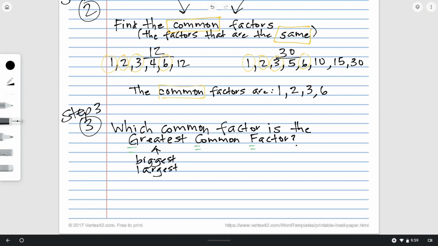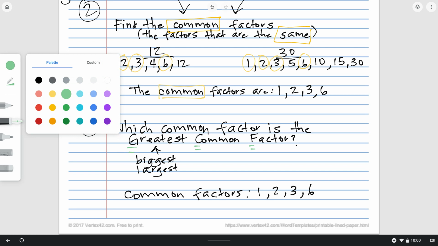Okay? So we said that the common factors, I'm going to write that down real quick. Common factors were 1, 2, 3, and 6. Which one is the greatest common factor, biggest, largest common factor from below? Is it 1, 2, 3, or 6?